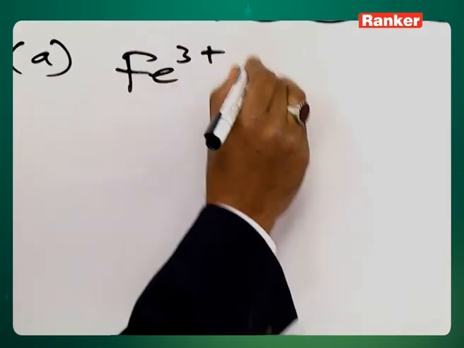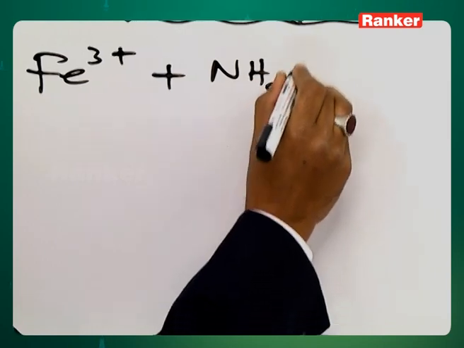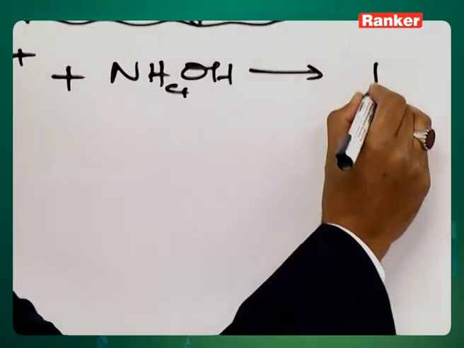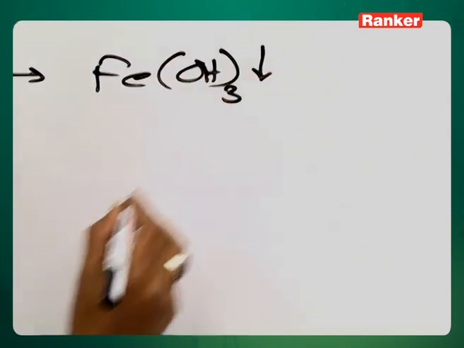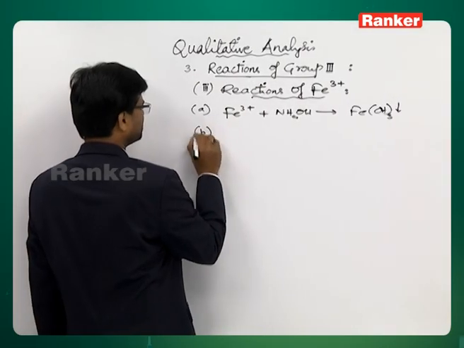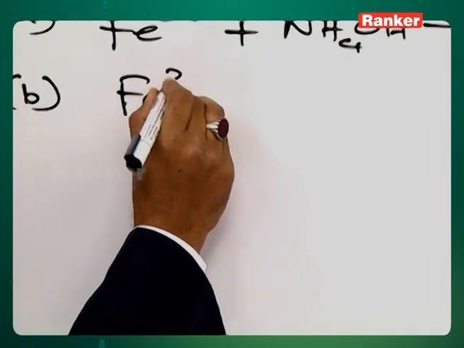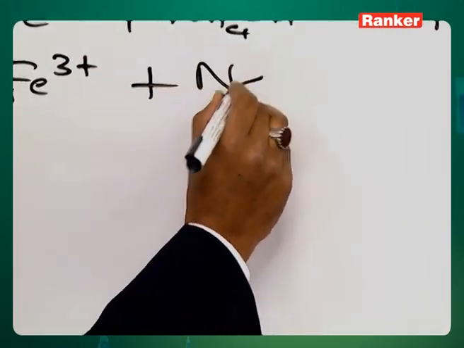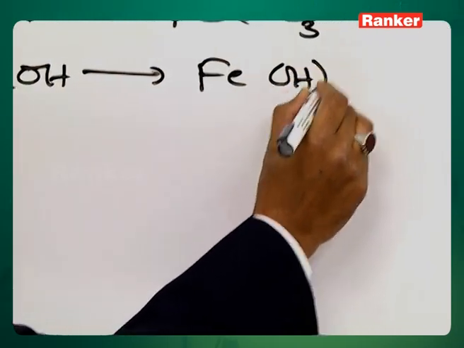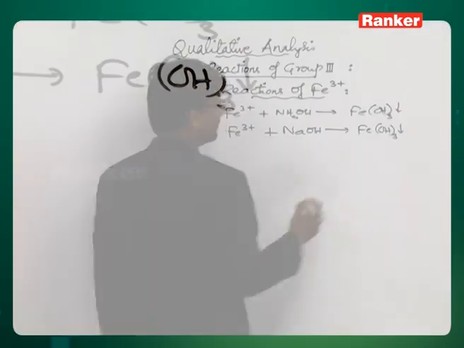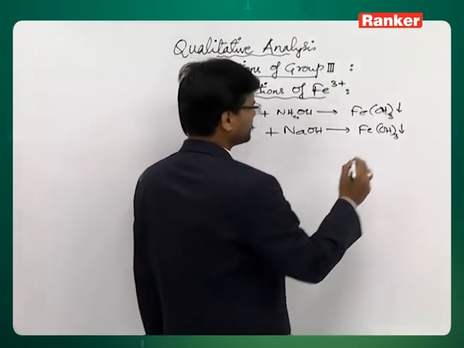Ferric reacts with ammonium hydroxide and you get a reddish brown precipitate of ferric hydroxide. Same thing happens with sodium hydroxide also, NaOH. And remember, in both the cases it is insoluble in excess of reagent.